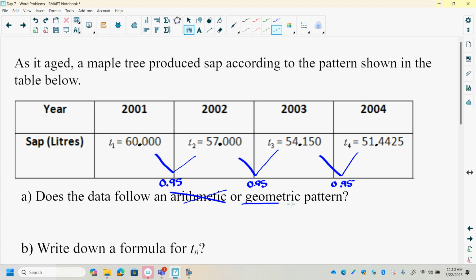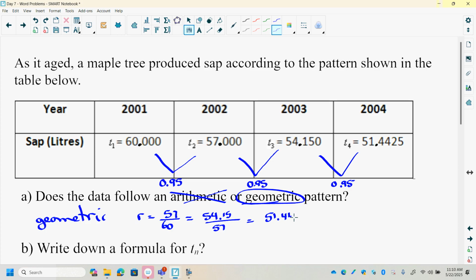It's geometric. Why is it geometric? Because R, 57 divided by 60, 54.15 divided by 57, or 51.4425 divided by 54.15 is equal to 0.95.